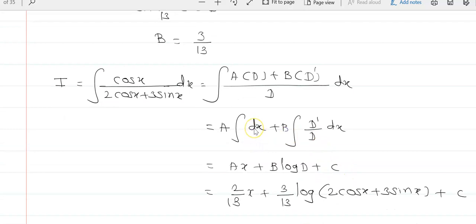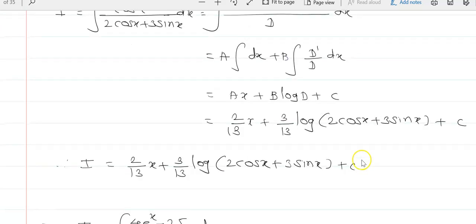The integral of dx is x, so ax plus b log of D plus c. The value of a is 2 upon 13 x plus b is 3 upon 13 log of 2 cos x plus 3 sin x plus c. And you will get this answer, that is I is equals to 2 upon 13 x plus 3 upon 13 log of 2 cos x plus 3 sin x.